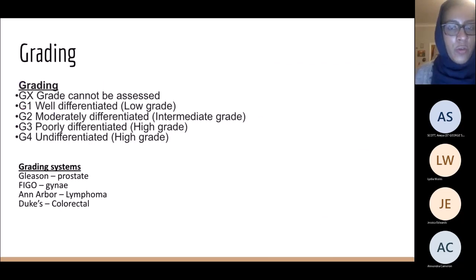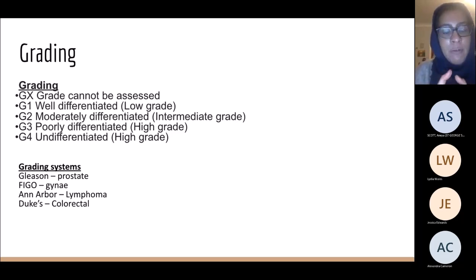Another form of staging is something called grading, and what grading does is look at how the cells look under the microscope, and you'll see this in different forms of cancer. The one that you may be more familiar with is the Gleason score for prostate cancer. That's essentially looking at how well differentiated the cells are.